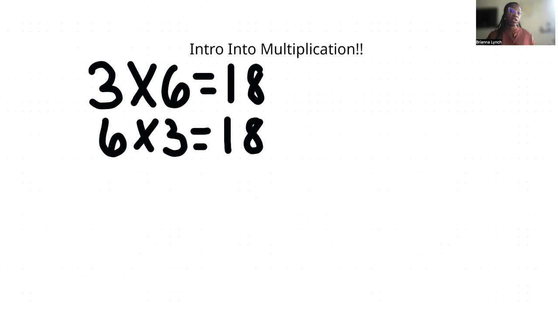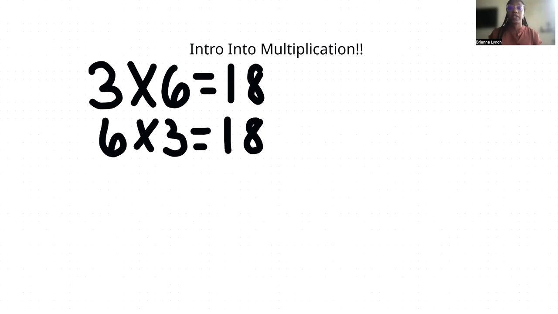So instead of me having 3 baskets with 6 apples, now I have 6 baskets with just 3 apples in them. So now I'm adding 3 6 times, which if you're good at counting by threes, watch this. 3, 6, 9, 12, 15, 18, right? Because I've added 3, counting by threes, 6 times.